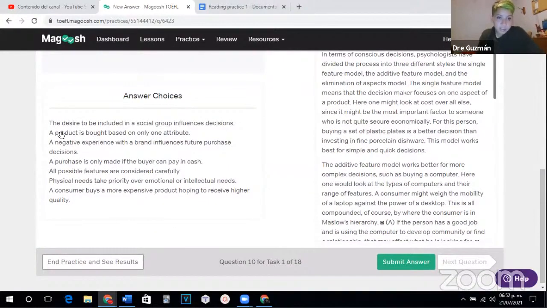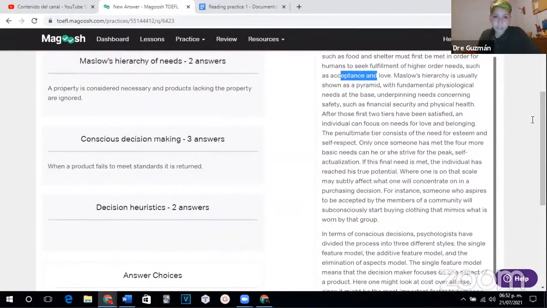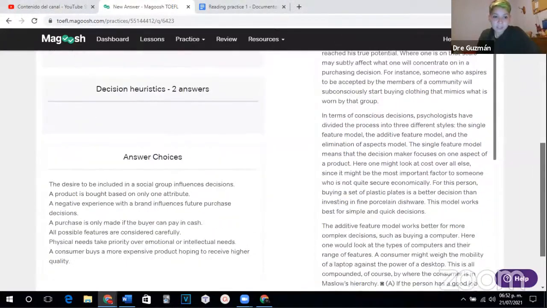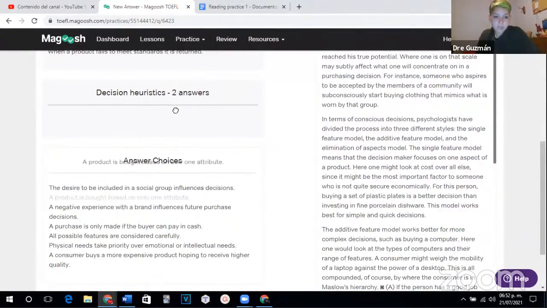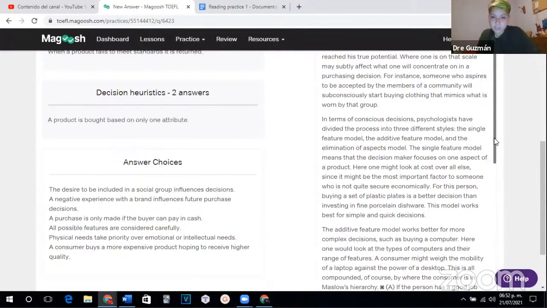Let's see the next one. A product is bought based on only one attribute. Where do we mention that? A product is bought based on only one attribute. It kind of sounds like it could be decision heuristics.